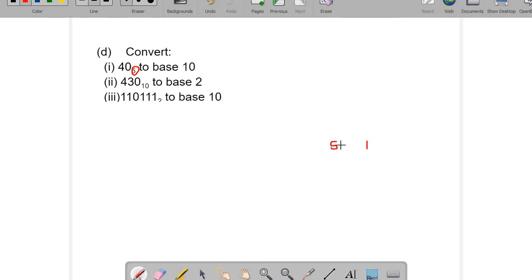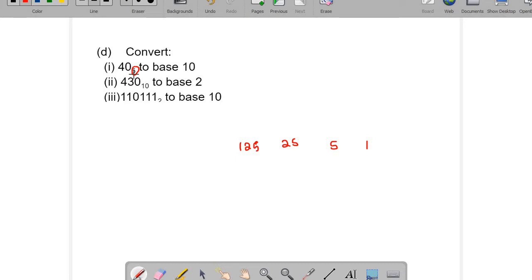You're going to write your powers of 5 from right to left. Okay, 5 times 5 is 25, and 5 times 25 is 125. Okay, now that we have a number that is bigger than 40 in this case, we can stop writing.